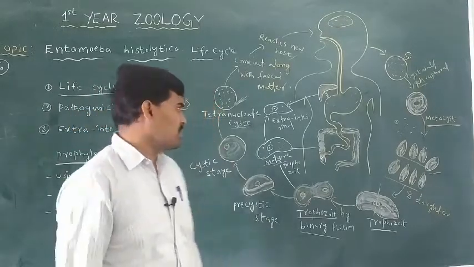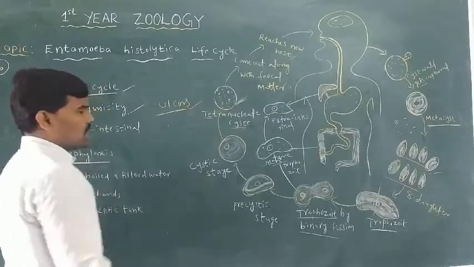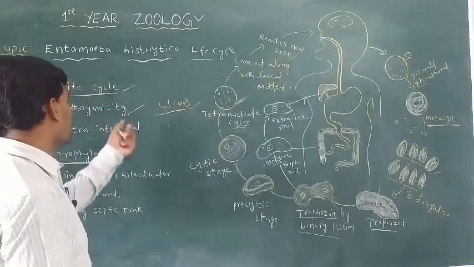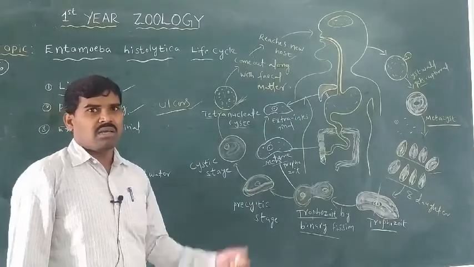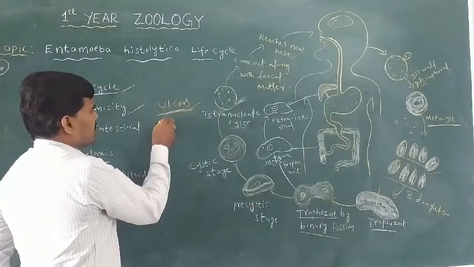Then ulcers, stomach ache and weakness cause the disease amoebiasis.